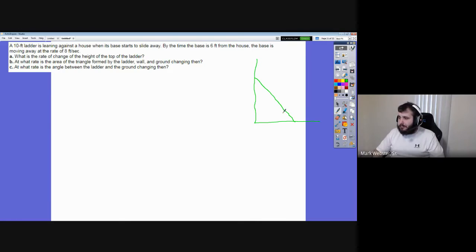So, one thing should be abundantly clear before we continue. This is a right triangle with sides A, B, and C. Whenever you see a right triangle, there are only two possibilities for what you're doing.